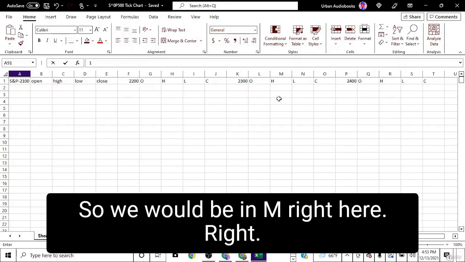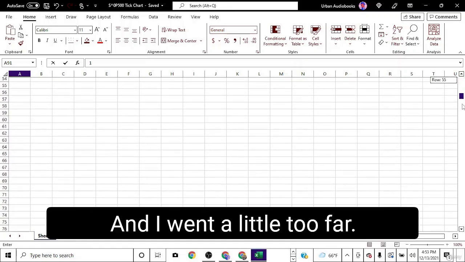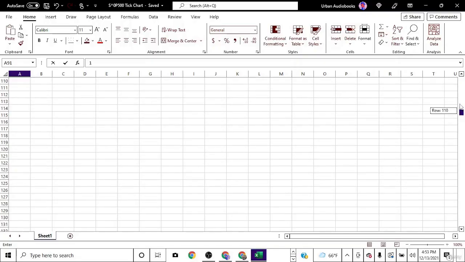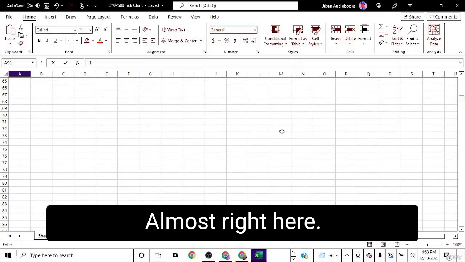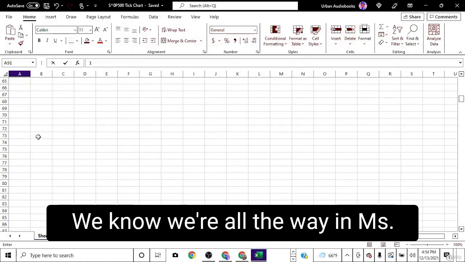So what I'm going to do is scroll all the way up to 71. I went a little too far. Okay, almost right here. So we have 71 right here, and we know we're all the way in the M's.